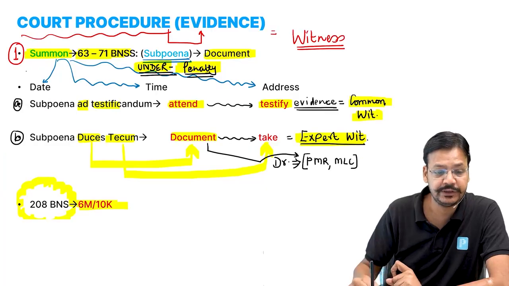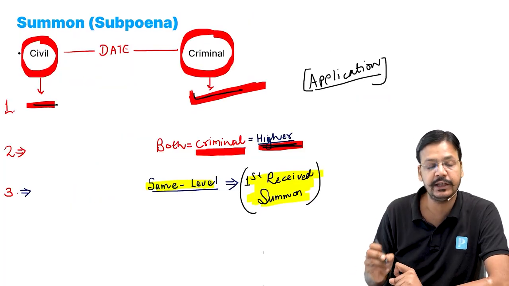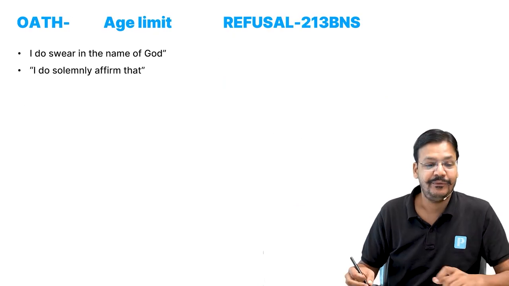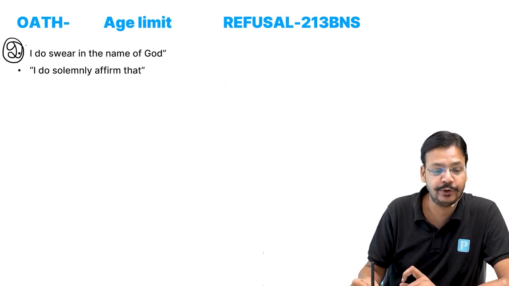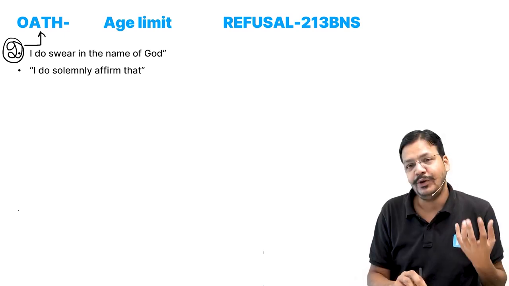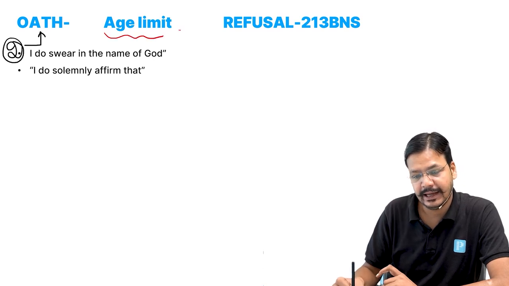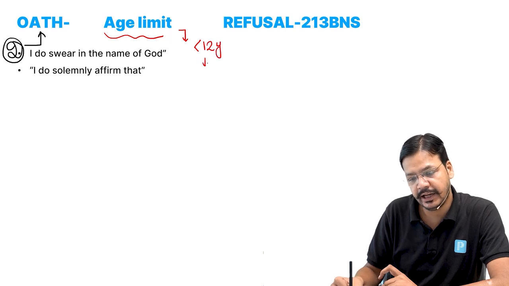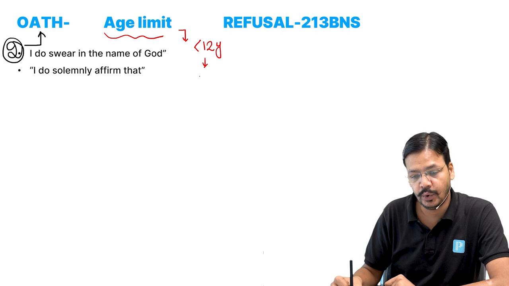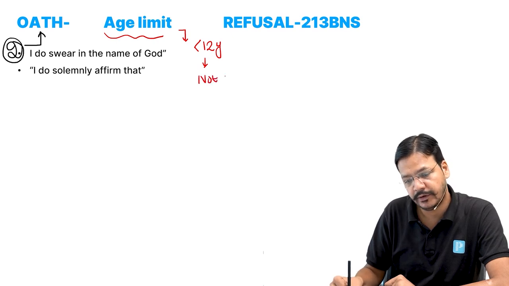So the first procedure I discussed was the summons when you attend the court. But the very, very important second procedure is the oath. When you go to the court, you take an oath. My dear friend, the age limit for oath: below 12 years of age, the oath is not required.